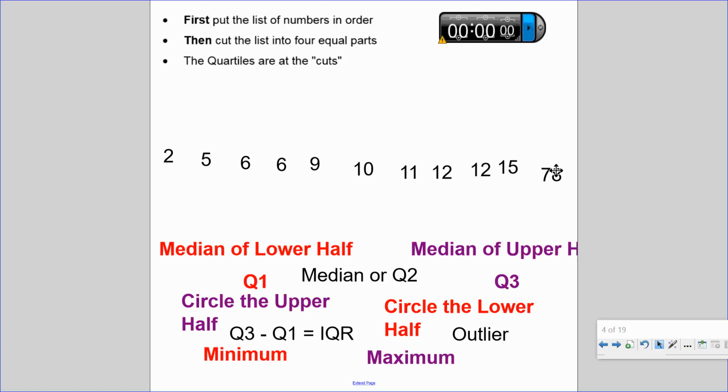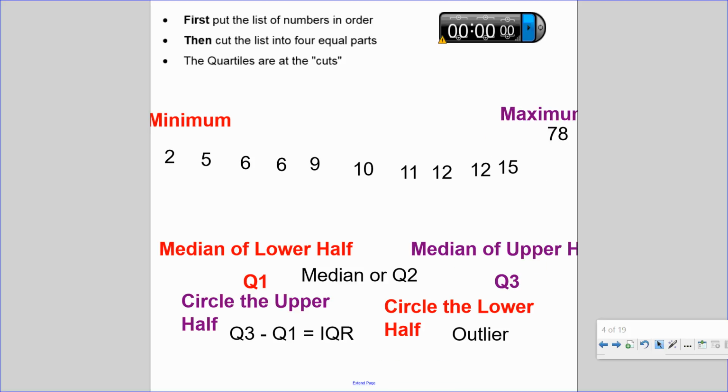In this list, we're going to be finding different things. Minimum. The minimum is 2. So what's the opposite of minimum? Maximum is 78.